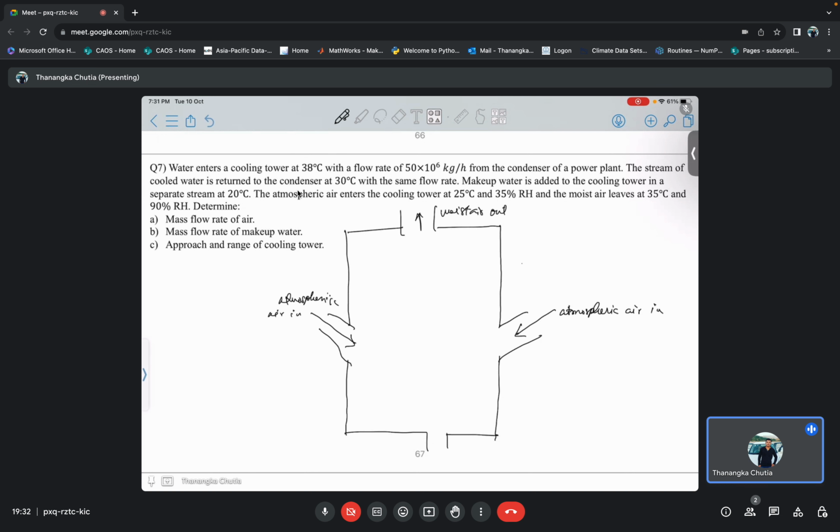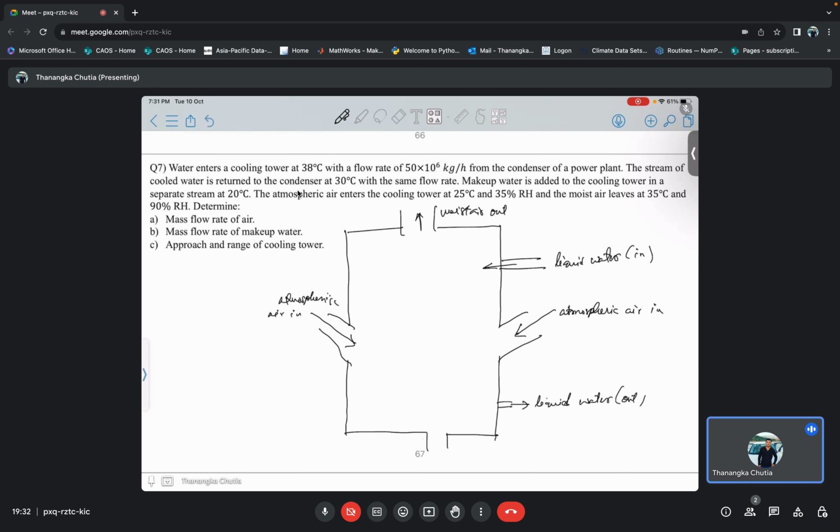Now this is liquid water that is coming from the power plant, liquid water in. And this is liquid water out, and then it is going back to the power plant. So that means it is required to cool down.